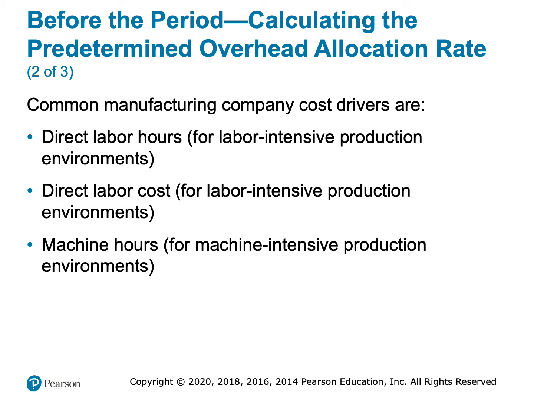So the idea behind this one is that you may have employees that are working and you're paying them different rates. And so you'll give the most complicated jobs to the most experienced workers, and then you'll give the easiest jobs to the newbie workers. The most experienced workers make more per hour, therefore it costs more to assign them to this job. They should have the higher overhead.